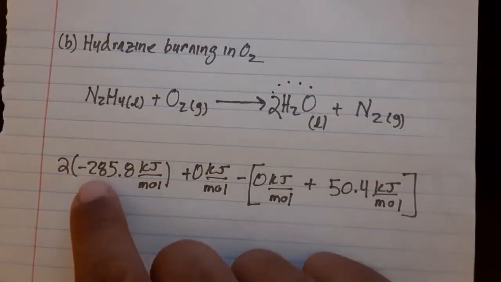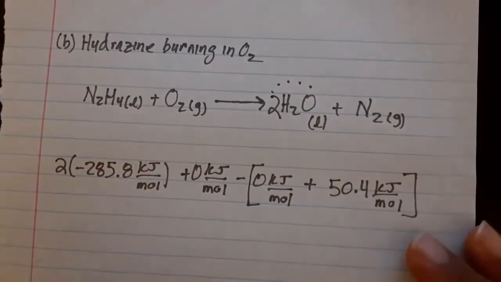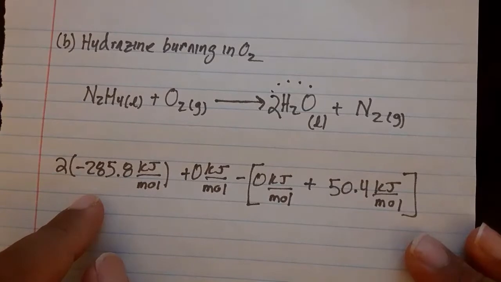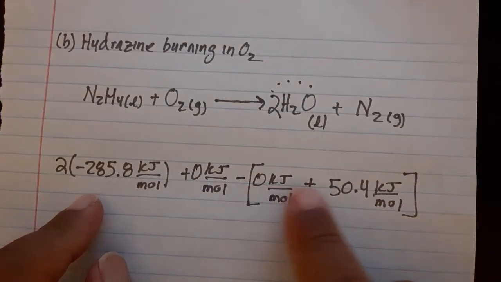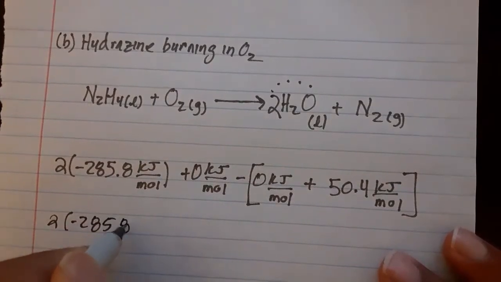So doing this math, 2 times minus 285.8 plus 0 minus 0 minus 50.4. So 2 times 285.8.